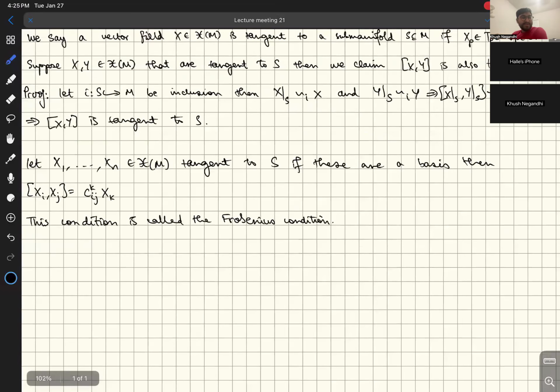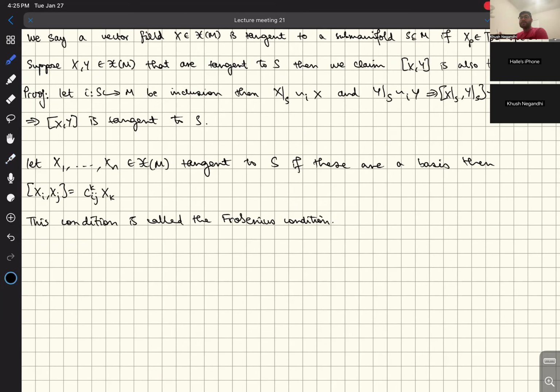I don't want to use the wrong word, so I'm putting a disclaimer here. This might not be right, but I think the Frobenius condition is equivalent to saying that you form a Lie subalgebra of the space of vector fields.